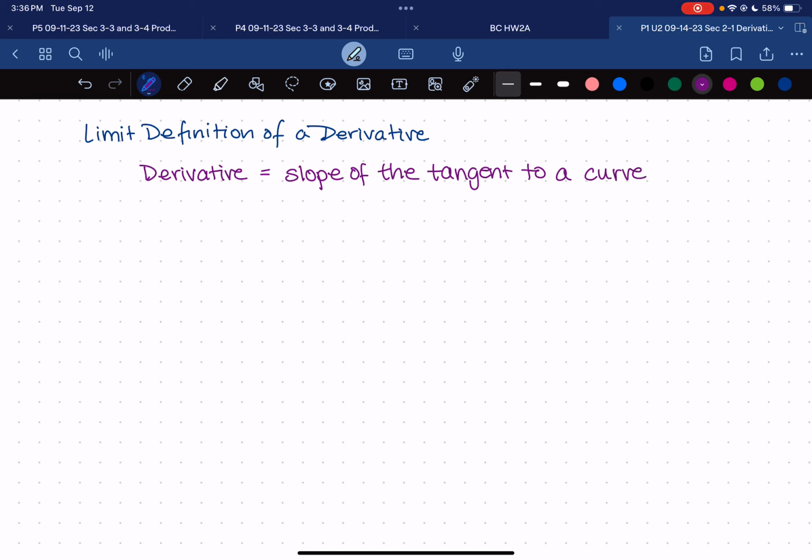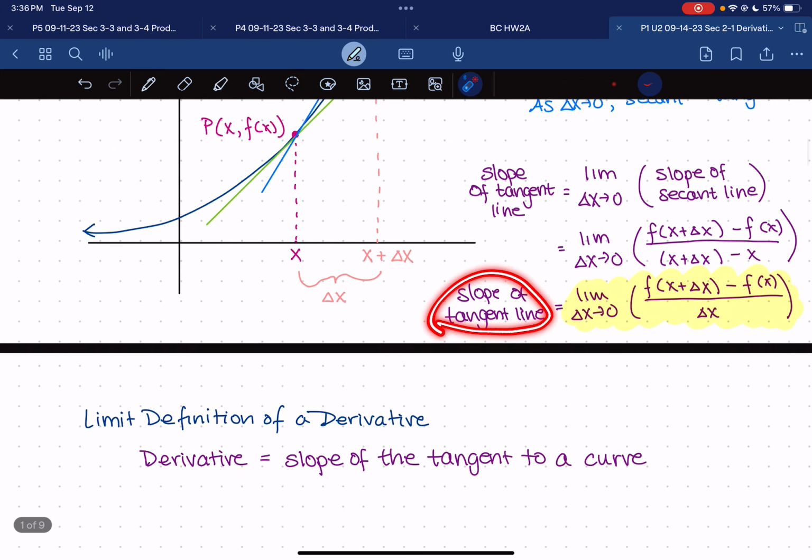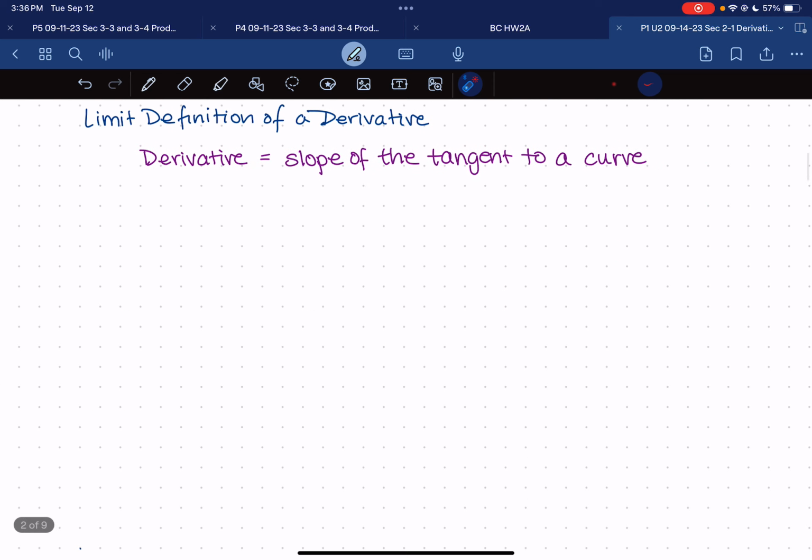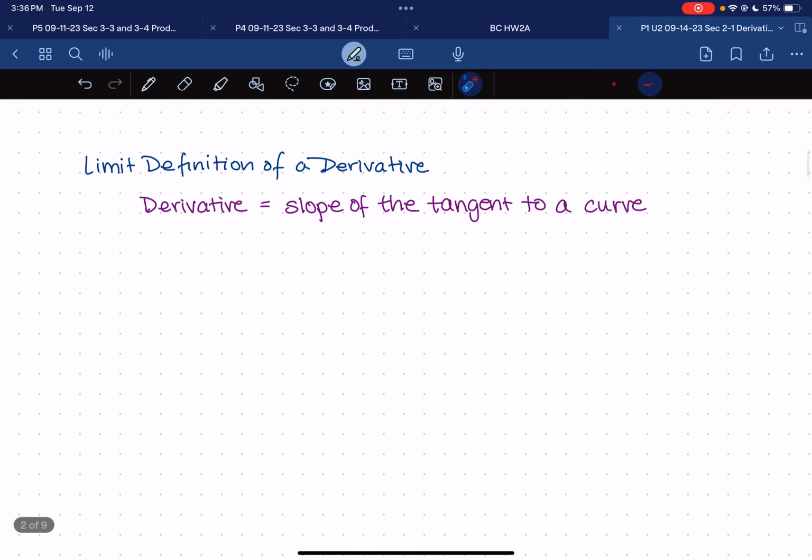So every time I was talking about slope of a tangent, I was talking about the derivative. Slope of the tangent line, that's the derivative. So the derivative is equal to this limit. You guys were doing some derivatives in some of your problems last unit, and you didn't even know it. But now we know it.